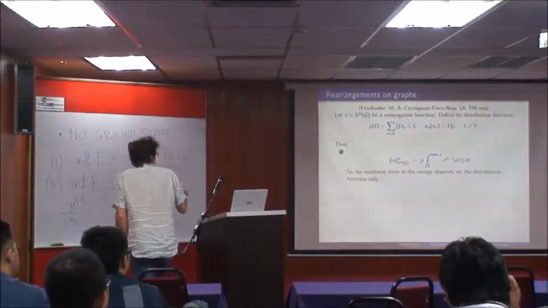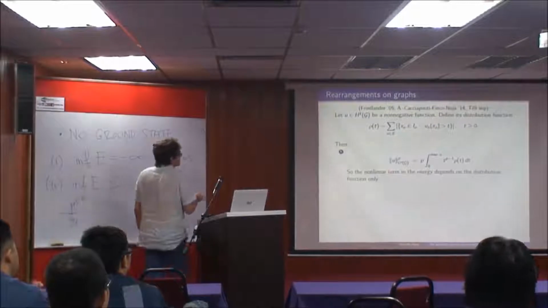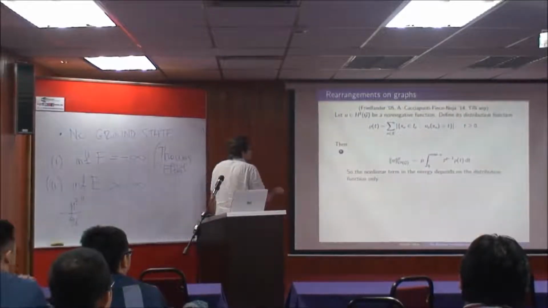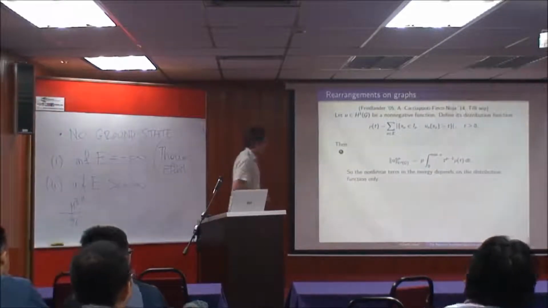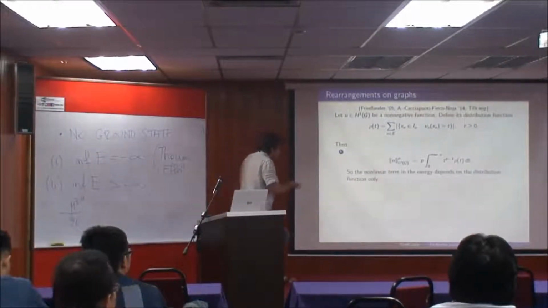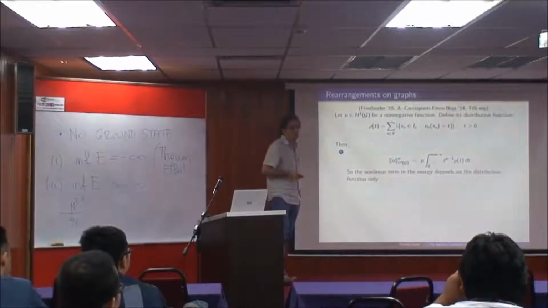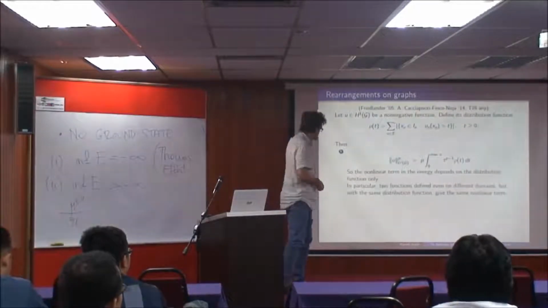So the L^p norm, the nonlinear term in the energy, can be computed from the distribution function. This is a sort of layer cake representation. So the nonlinear term depends only on the distribution function. This is the first point we stressed yesterday.